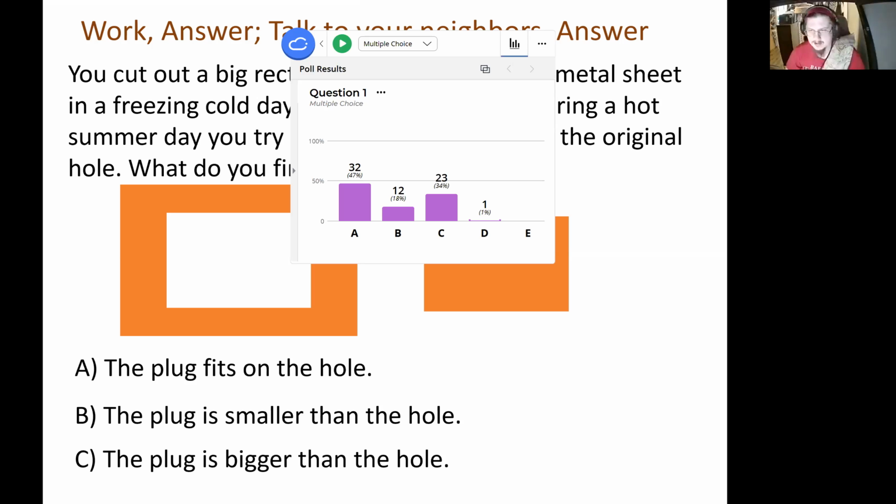I think the other piece of metal is bigger than the hole, because this one piece of metal has 4 sides from which to expand, but the sheet metal that we cut it out of has 8 sides to expand on. And I'm thinking that one of them is not going to match the other. That's why I said C.